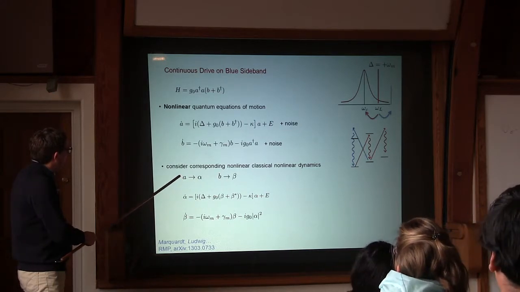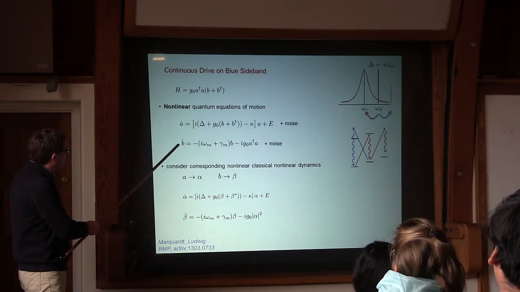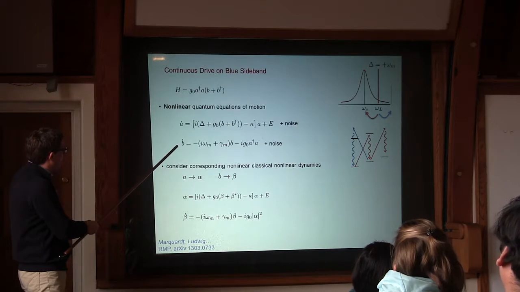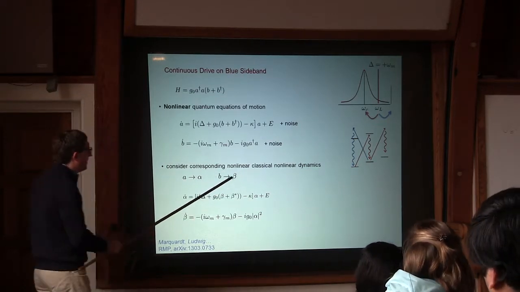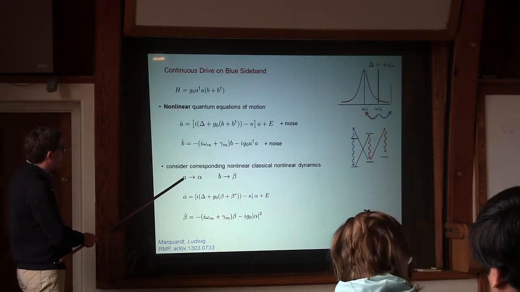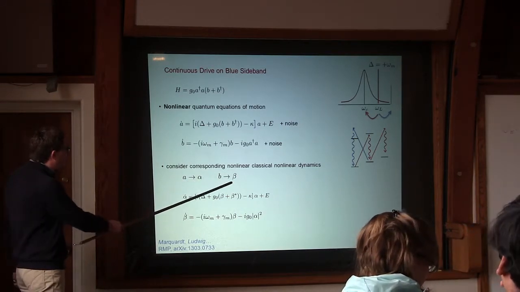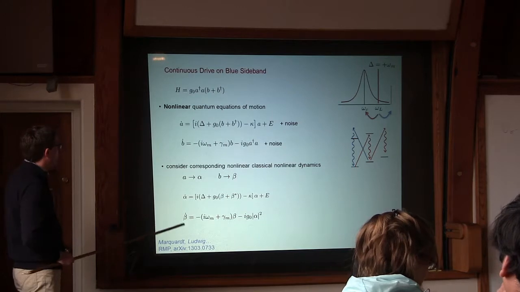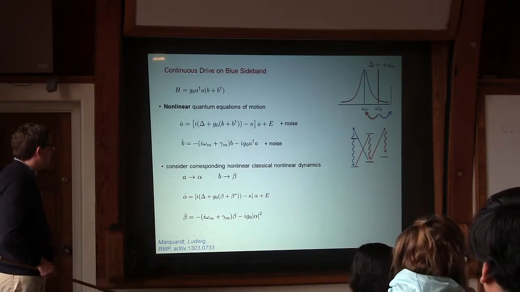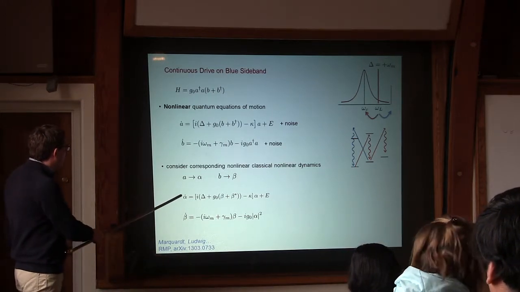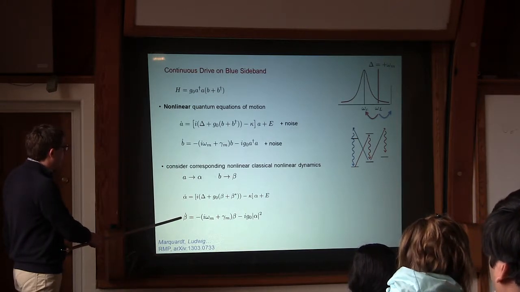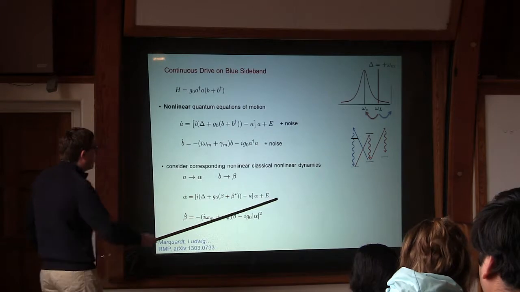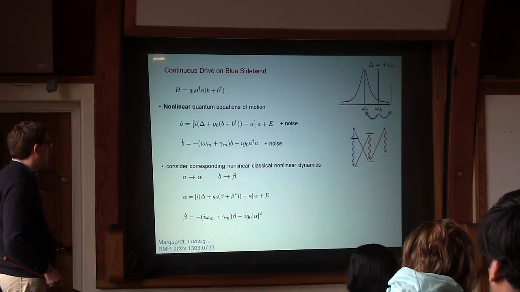But we don't want to solve the quantum equations of motion. To get a clue of what happens, we want to solve the classical nonlinear dynamics, which we get just by replacing A and B by alpha and beta. So we get 2 nonlinear classical equations of motion for the complex amplitude of the cavity and the complex amplitude of the mechanical oscillator, now without noise, because we're looking at deterministic nonlinear classical dynamics.